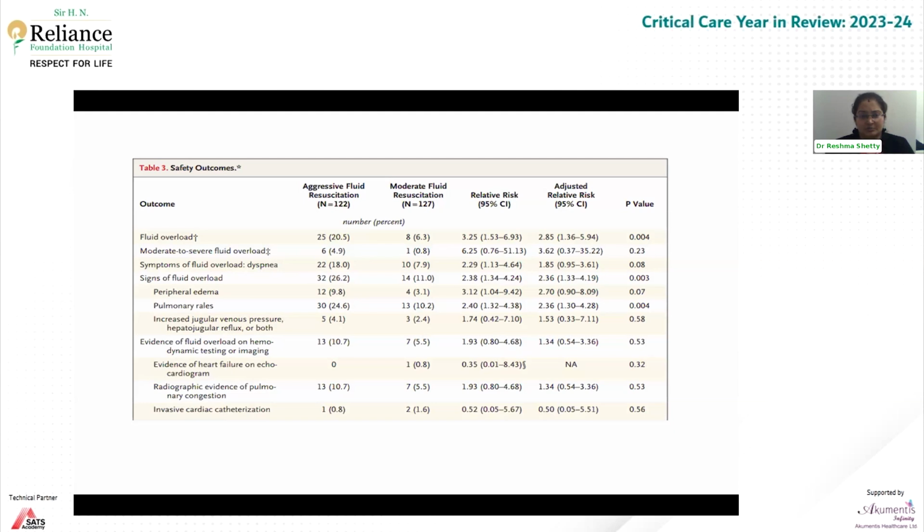There was an increased percentage in the aggressive fluid resuscitation group, where fluid overload signs showed a 20.5% increase compared to 6.3% in the moderate group. Even in different evidence of fluid overload, there was an increase in the aggressive group compared to the moderate group.